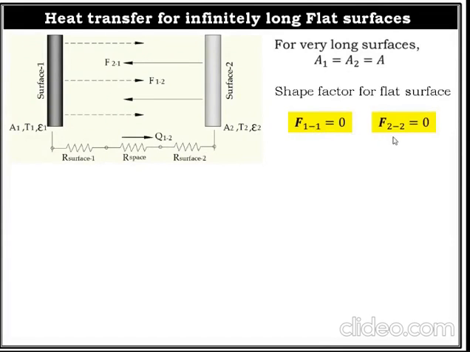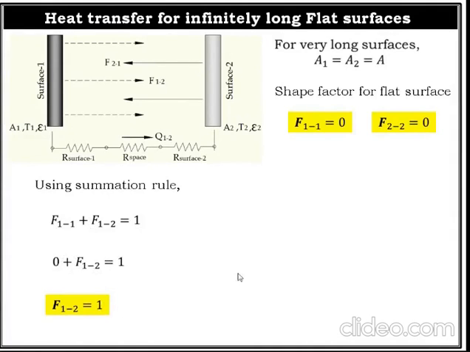In the same manner, F22 will be 0. Now using the summation rule for the first surface, because virtually all the radiation will be absorbed by surface 2, it is virtually a closed loop. So F11 plus F12 is equal to 1. F11 is 0, so F12 will be 1.